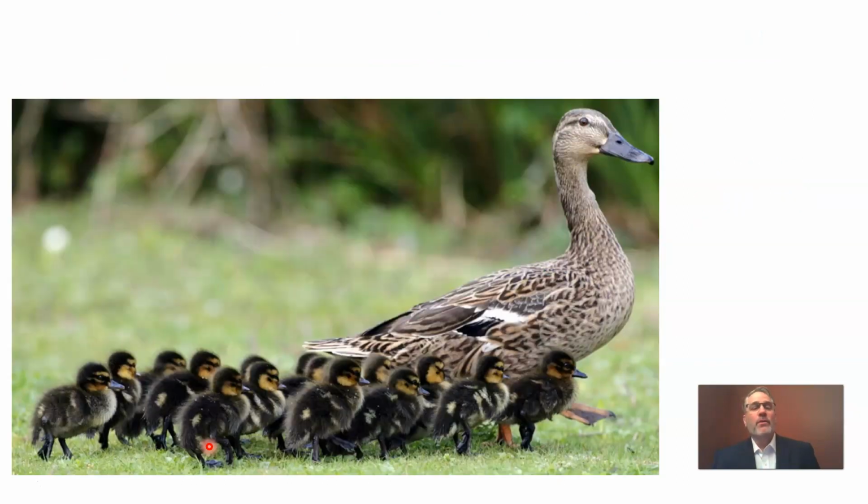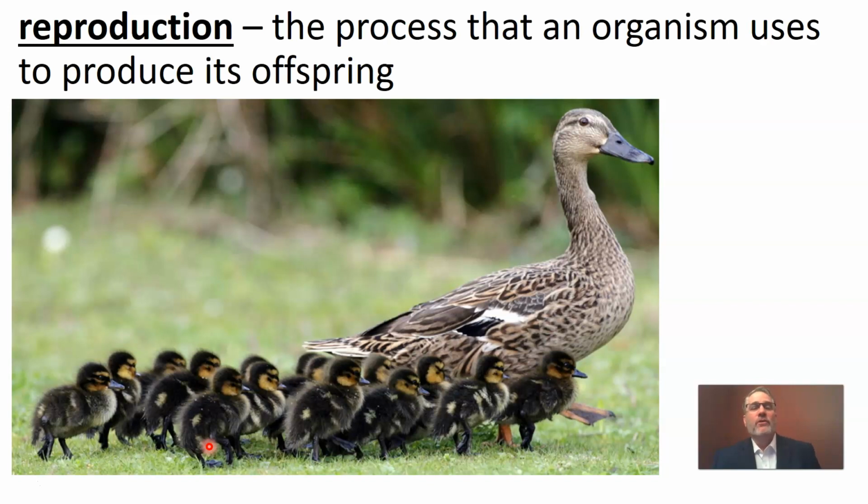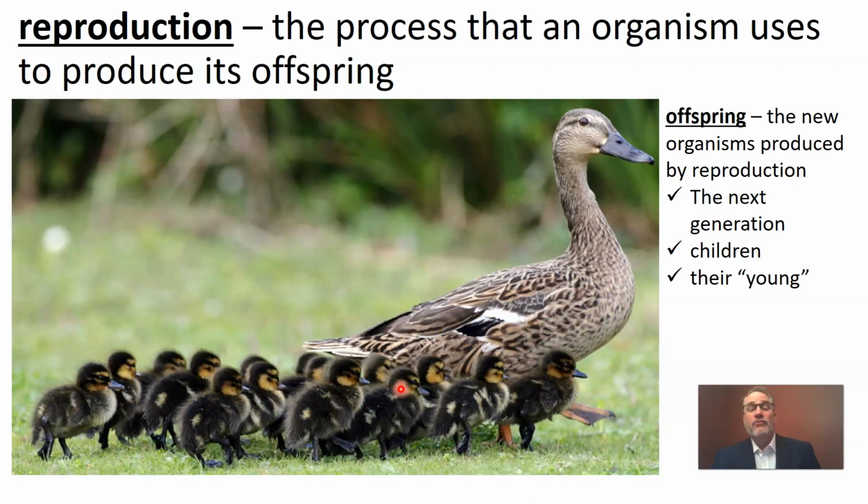So when we look at reproduction specifically, reproduction is just the process that an organism uses to make offspring, to produce its offspring. So we can see in our picture here, we have Mama Duck, and these are her offspring. And by offspring, we mean her babies, her children, the next generation. And organisms have a variety of ways that they reproduce, how they make the next generation.